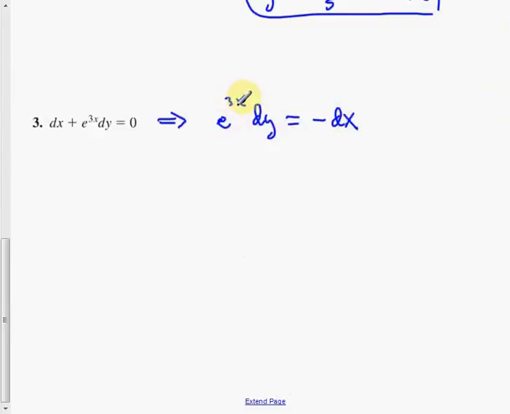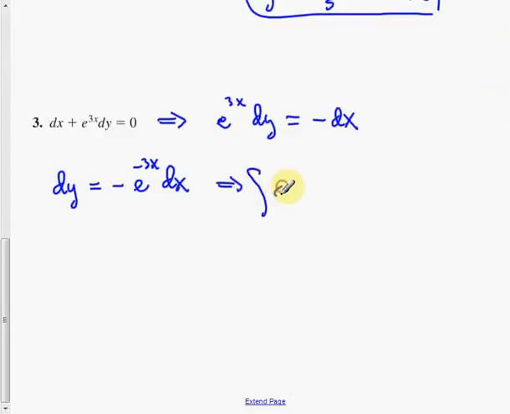But the e to the 3x is an unlike term with respect to dy. So I'm going to divide both sides by e to the 3x. So here I get dy is equal to negative e to the negative 3x dx. So now the variables are separable. We have the y's together, we have the x's together. Now simply integrate both sides respectively.